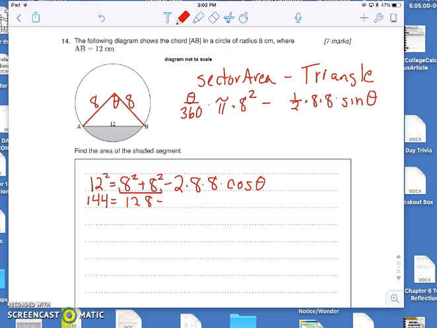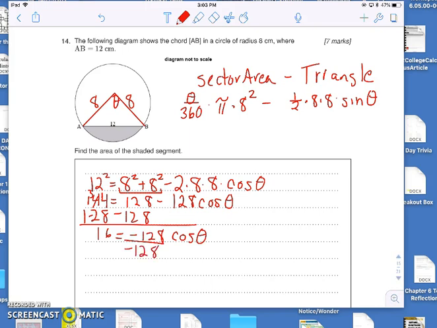minus 128 times the cosine of theta. So minus 128, minus 128. So we have 16 equals negative 128 the cosine of theta. Divide by negative 128. So 16 over negative 128 equals the cosine of theta.